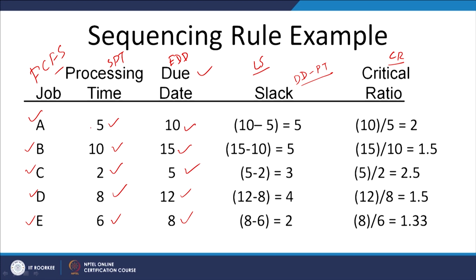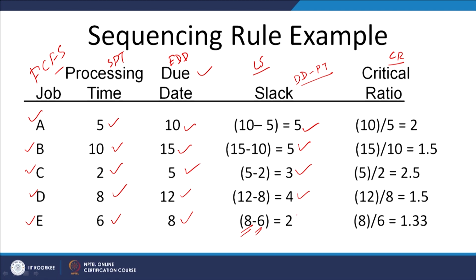So, the slackness for job A is 10 minus 5, which is 5; for B, 15 minus 10, which is 5; for C it is 3 days; for job D it is 4 days, like 12 minus 8; and then for job E. This is the due date from today and this is the processing time.